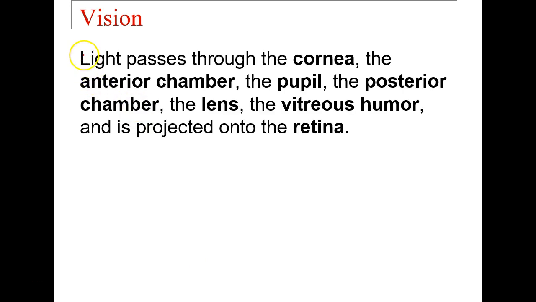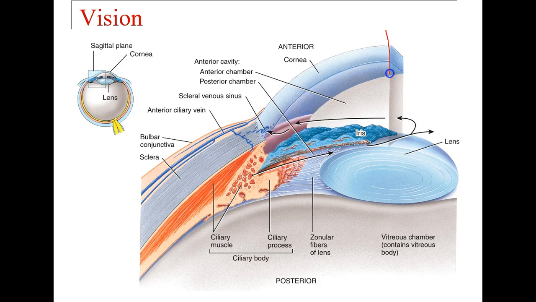So this is the pathway of light we spoke of earlier. Here we see that cornea. Light passes through into the anterior chamber, past the iris through the pupil, posterior chamber, through the lens, through the vitreous or posterior cavity to the retina.